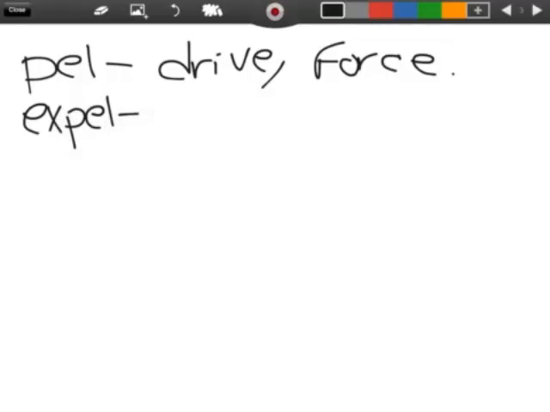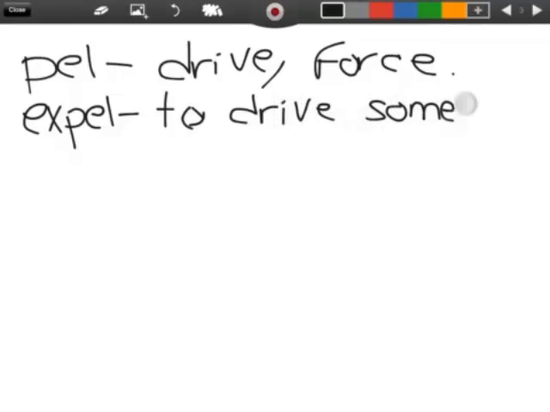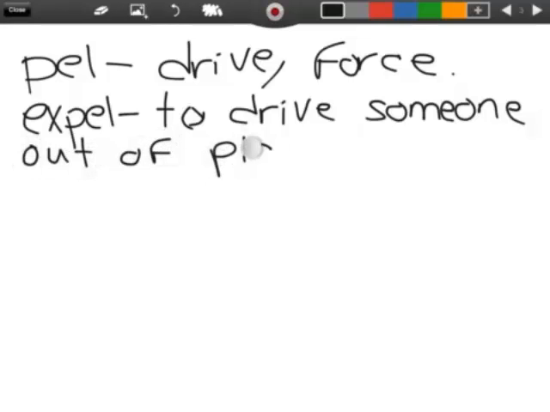And expel means to drive someone out of place. My second example is going to be repel. And repel means to force back.